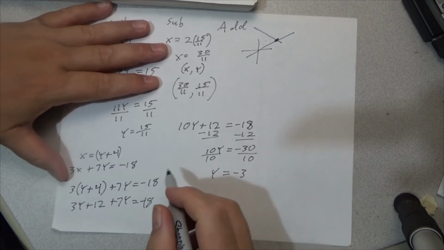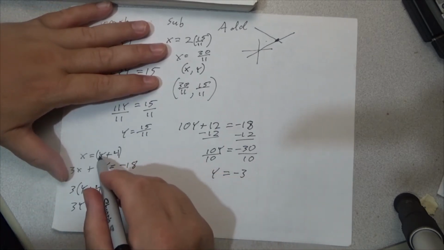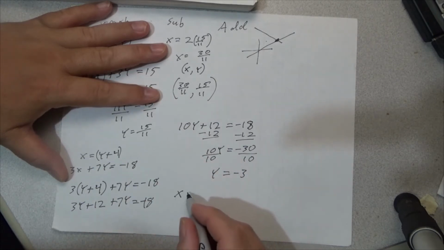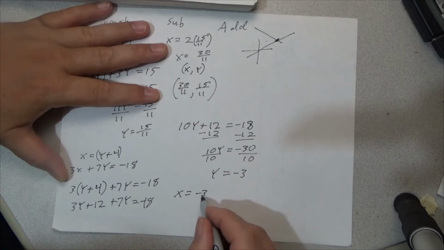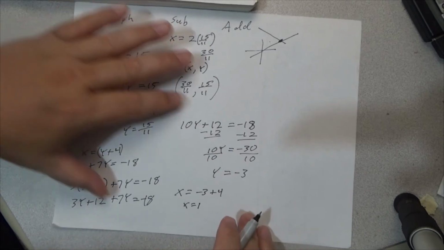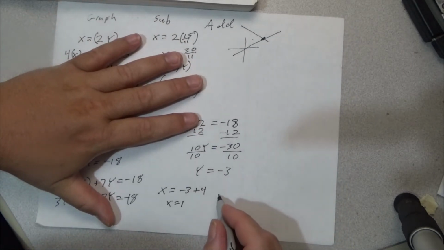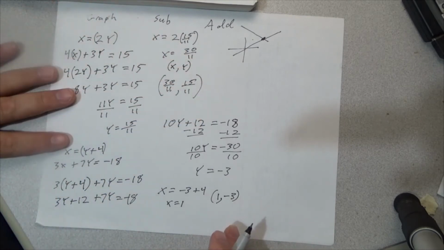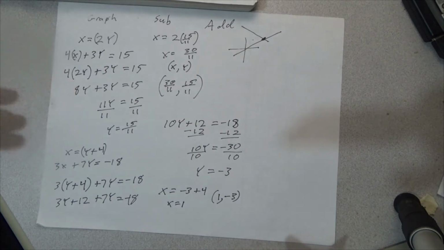So then I come over here, and I put my negative 3 right there. So x equals negative 3 plus 4, so x will equal 1. So the answer is 1, comma, negative 3. That's the ordered pair right there.